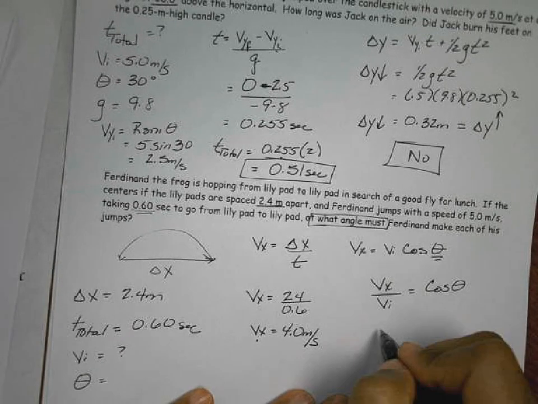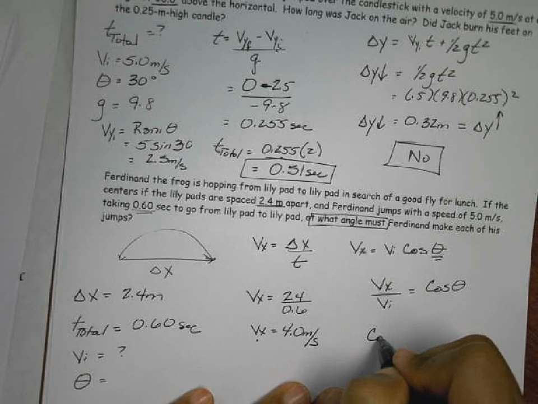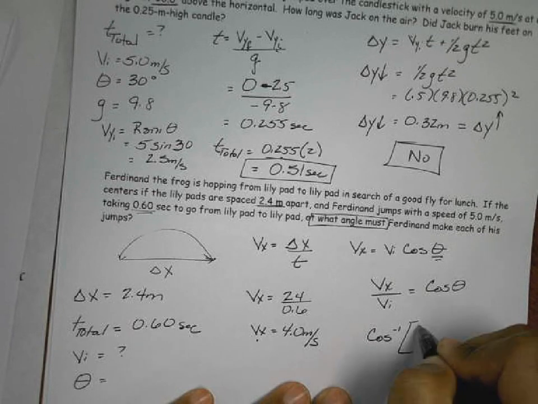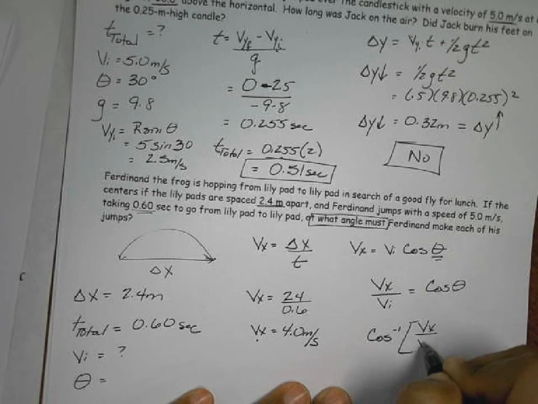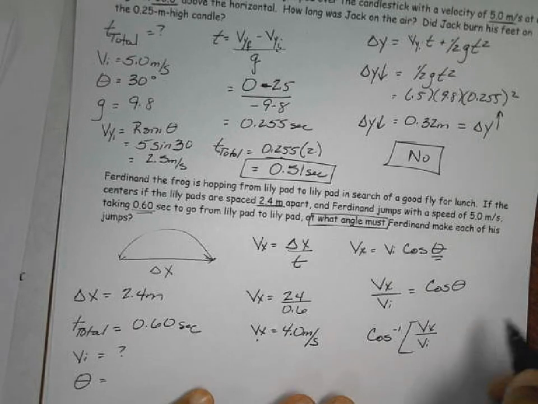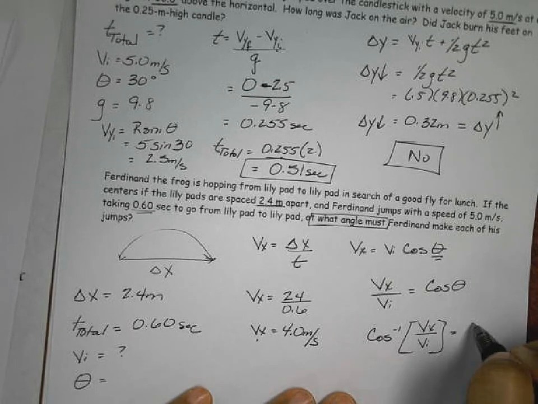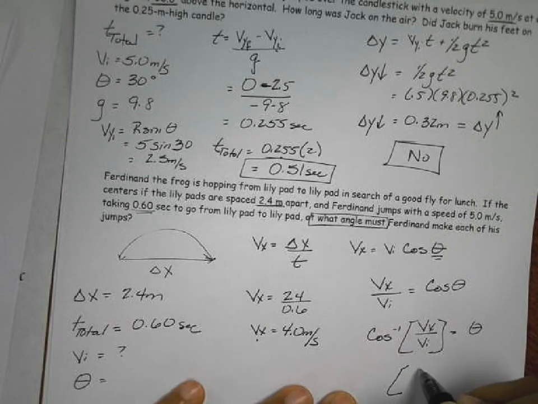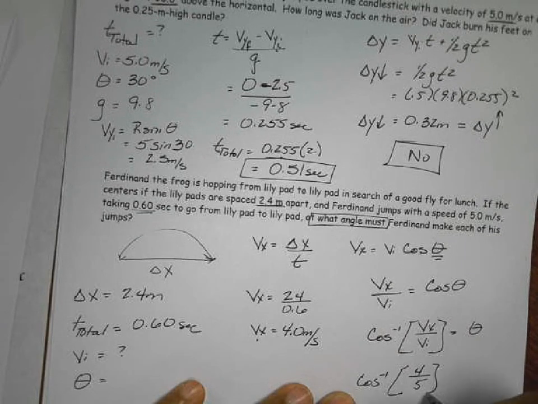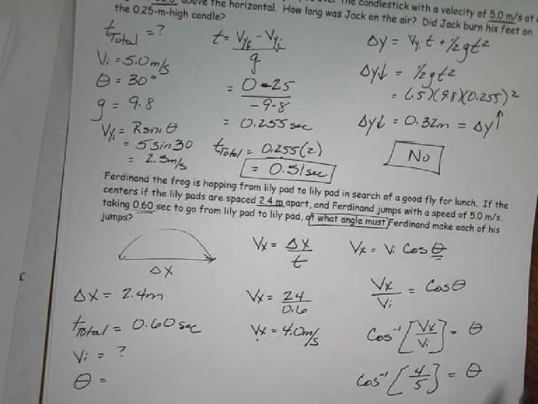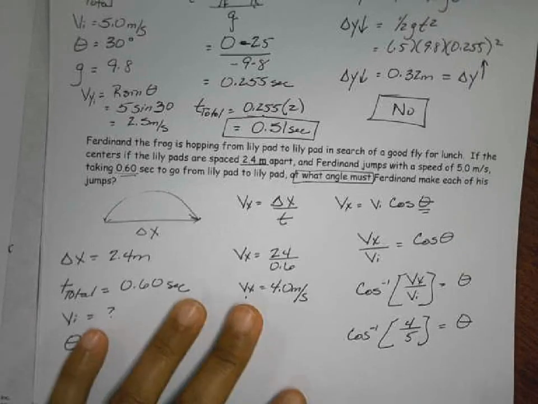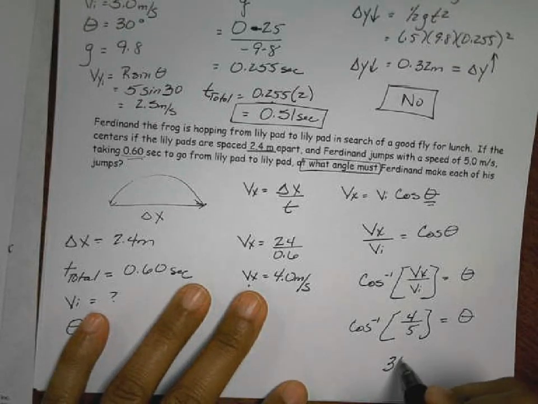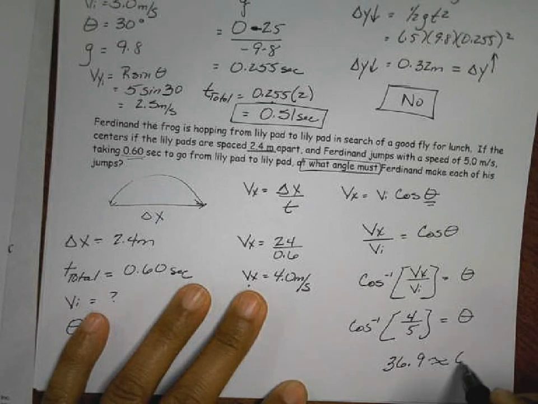And to get rid of the cosine, you do the inverse of that. So inverse cosine of velocity on the x divided by the initial velocity gives me theta. And that becomes velocity on the x, 4, divided by 5 is equal to cosine theta. And if I inverse cosine both sides, I get theta is equal to 36.9 approximately degrees.